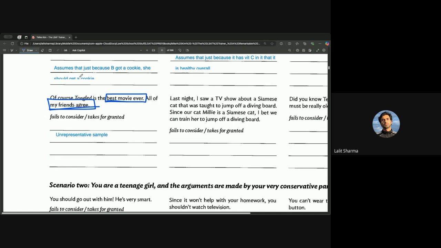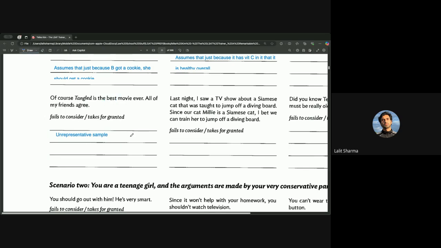So that's just a second flaw with this. The main thing is the unrepresentative sample. That's really what you want to think about in this one. But I have a problem with saying that something is the best when it's a movie, which is really subjective. So you can think about that too.